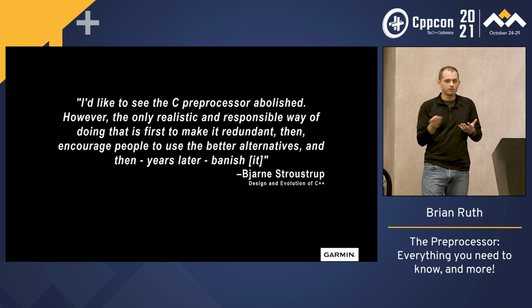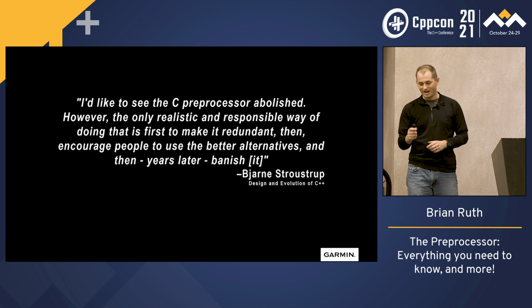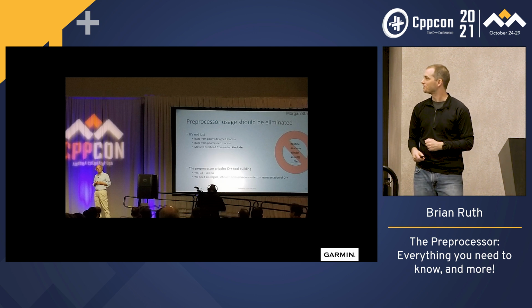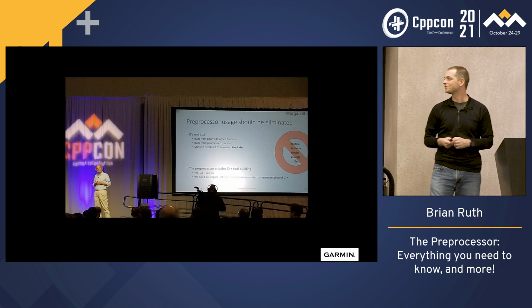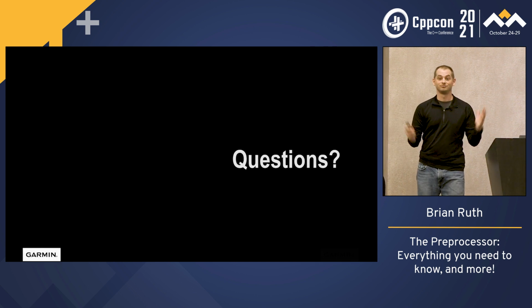But there are still uses for it, and people are still going to be using it for many years to come. And Bjarne doubled down on it this year too. It was kind of cool that I saw he's like, yes, I still don't like the preprocessor. So cool. And with that, anybody have any questions?